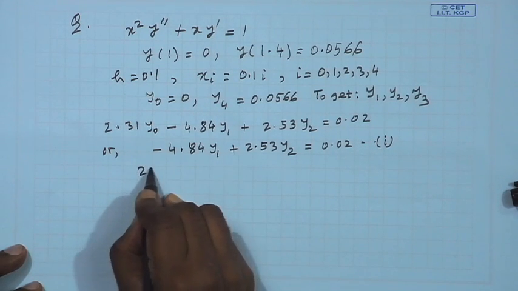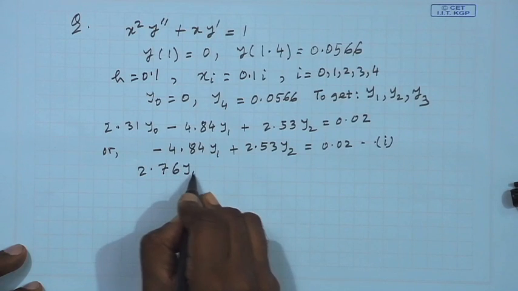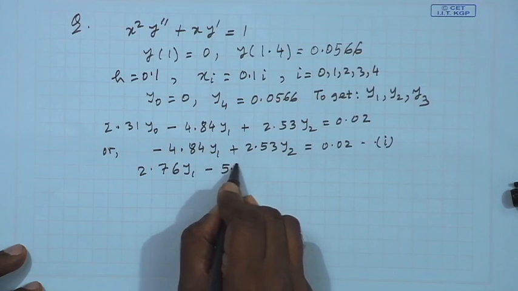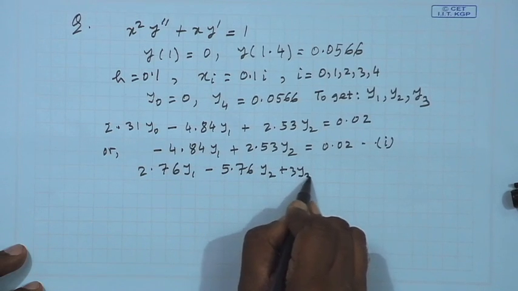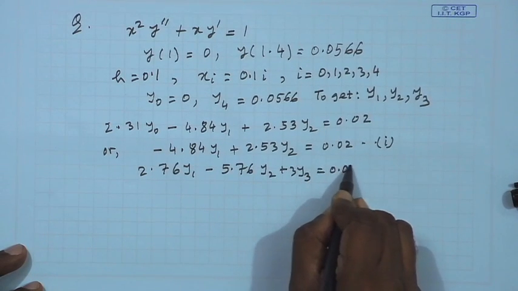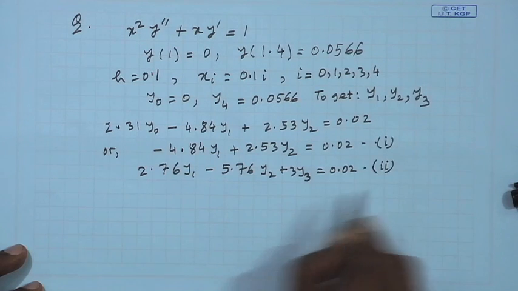Next equation is 2.76 y1 minus 5.76 y2 plus 3 y3 equal to 0.02. This is equation number 2.